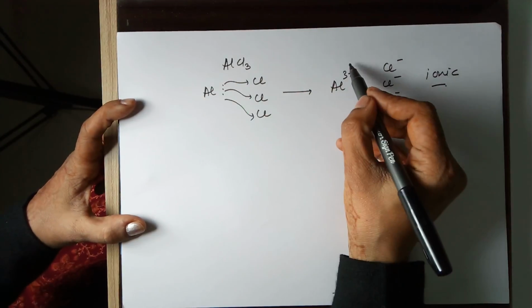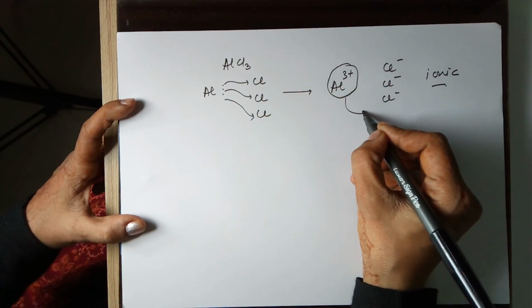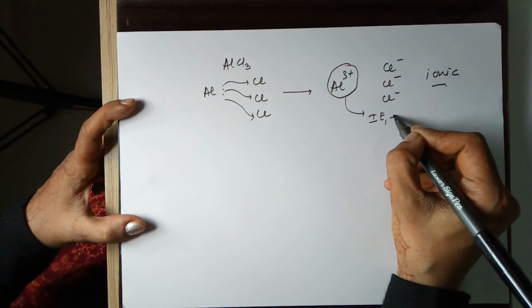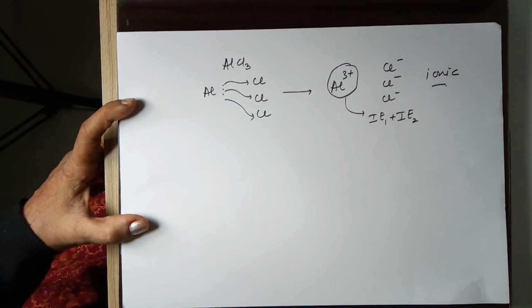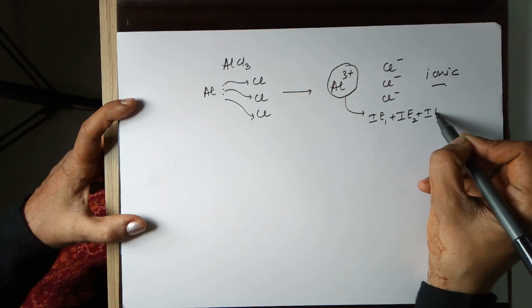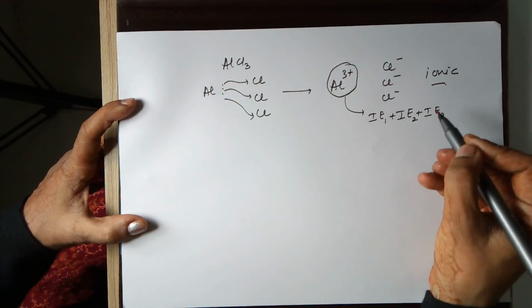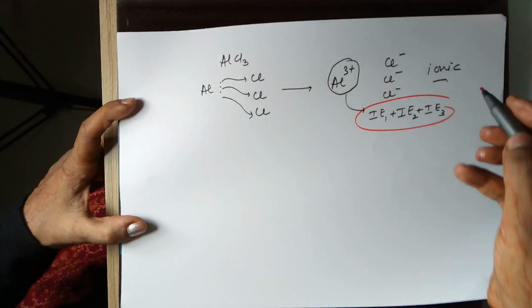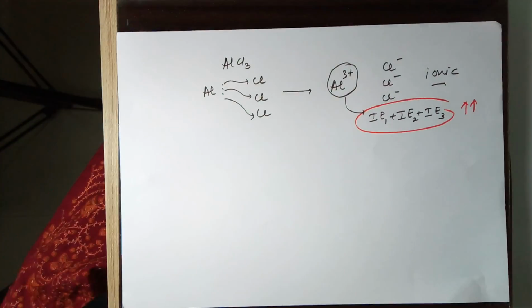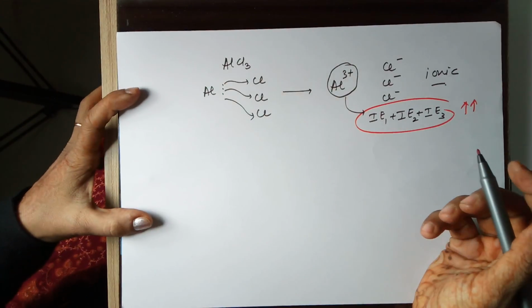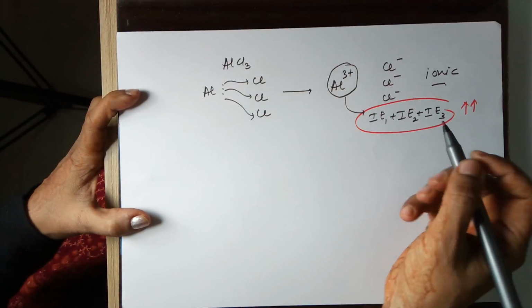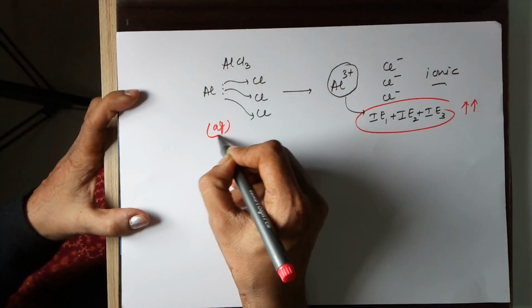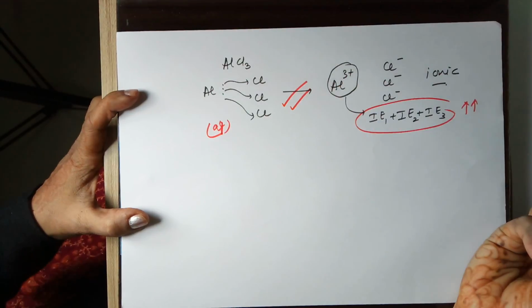But again, formation of Al3+ would require a large amount of energy, since it would need the 3 ionization energies. This value of the ionization energy is extremely high. Therefore, ionic bond formation is difficult in AlCl3, but if it is an aqueous medium, this is fine.